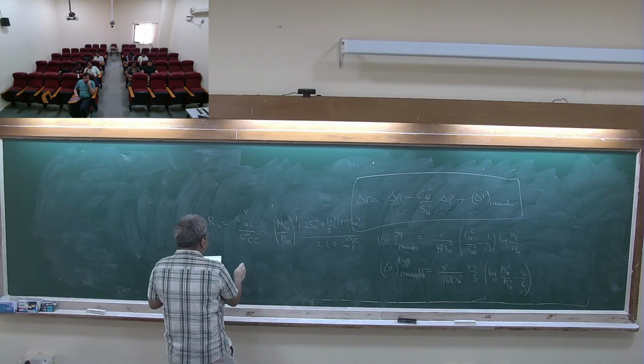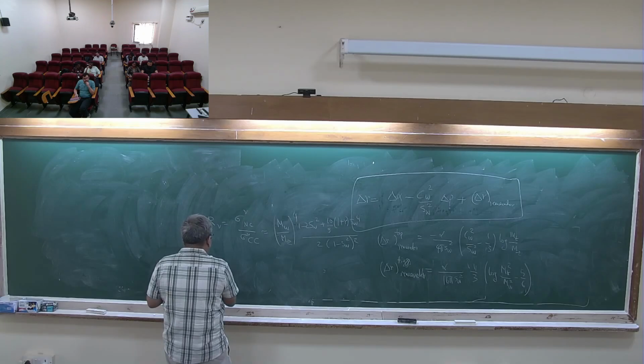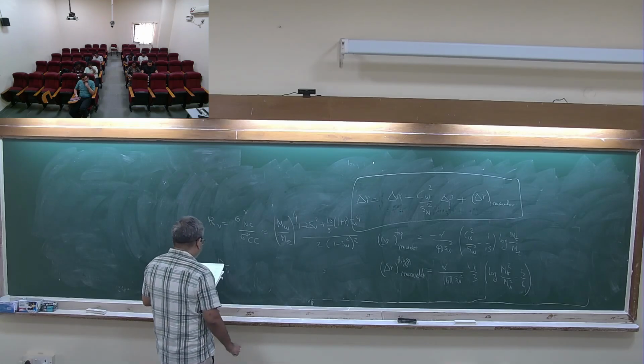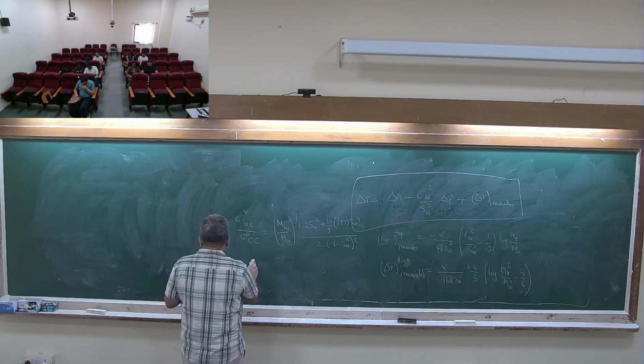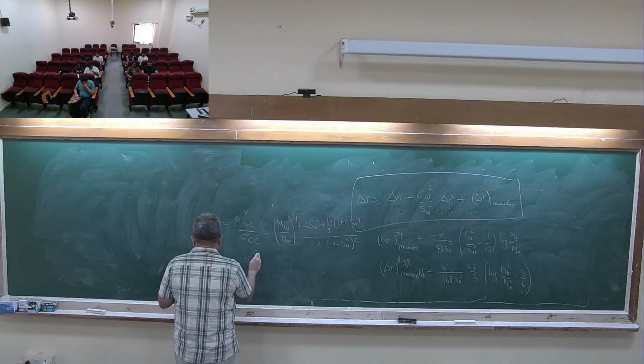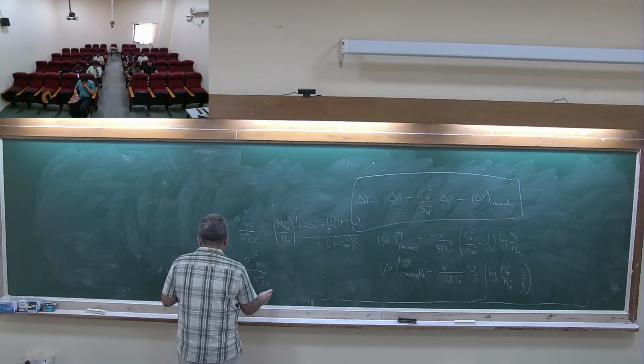Similarly, you have an expression for anti-neutrino scattering. Okay, very similar expression. So sigma nu bar NC by sigma nu bar CC.